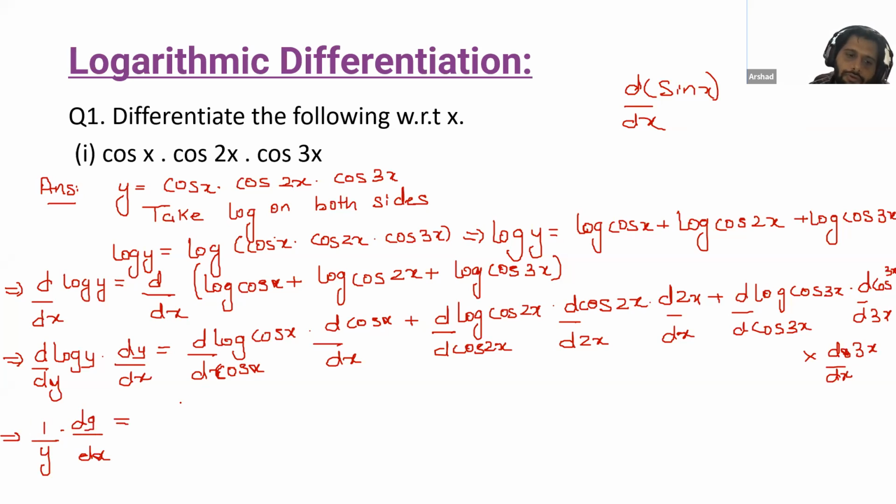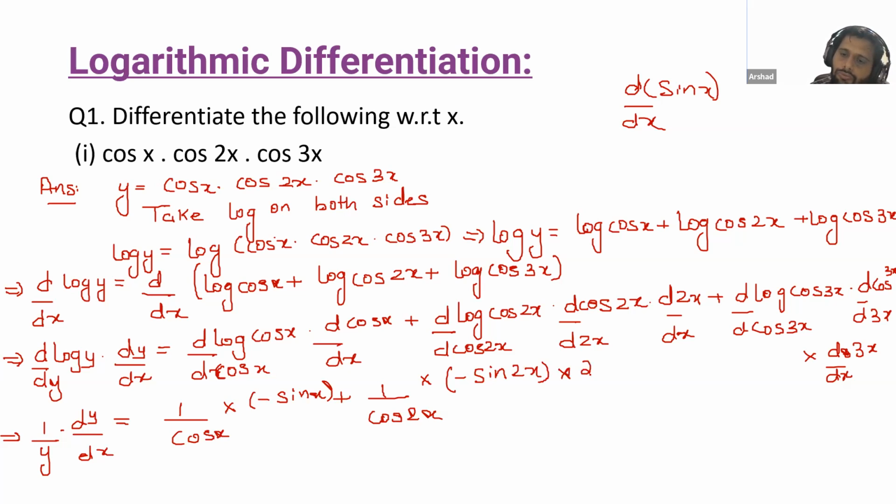Okay. Next one. Here what we will get: the derivative of log y is 1 by y dy by dx, is equal to the derivative of this log, which is 1 by cos x, into the derivative of cos, which is minus sin x, plus 1 by cos 2x into minus sin 2x into 2, plus 1 by cos 3x into minus sin 3x into 3.